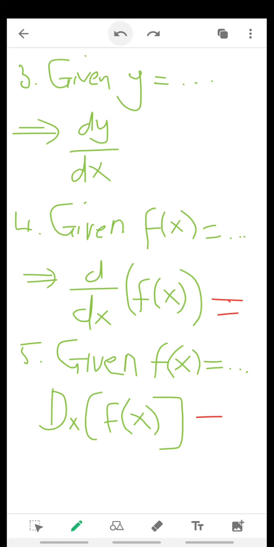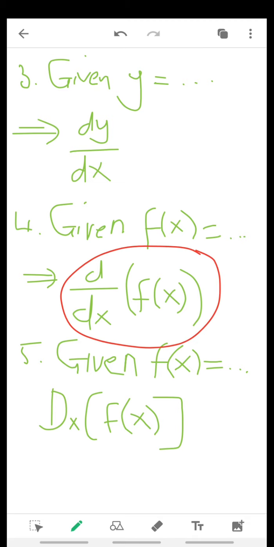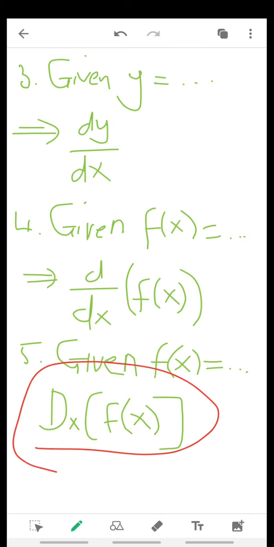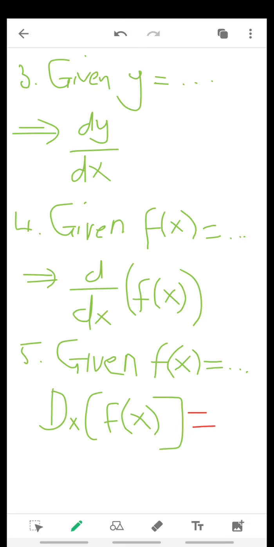So the f of x and the notations move together. That will be d over dx f of x equals to, you write your answer after deriving the given function. Even here, it's dx f of x, then you write equals to after deriving.